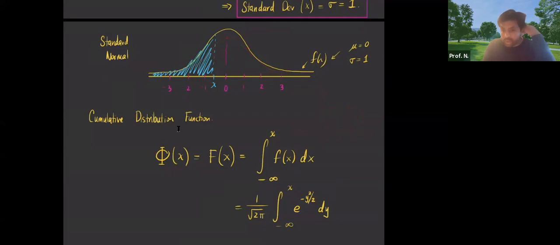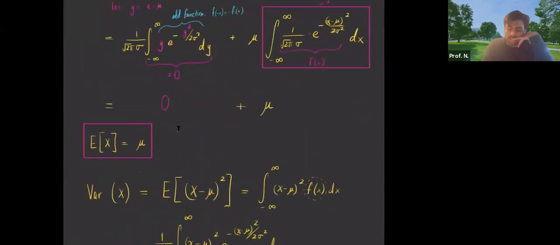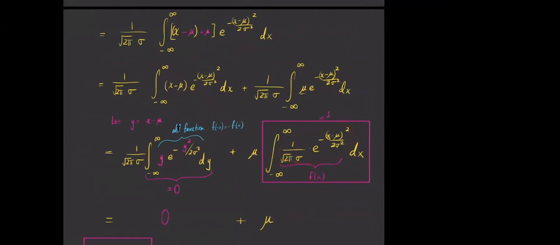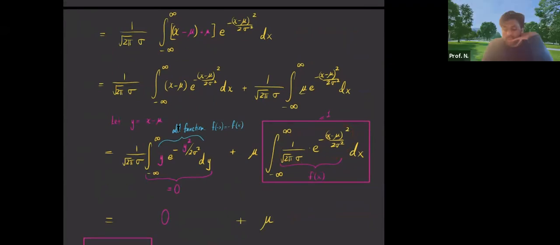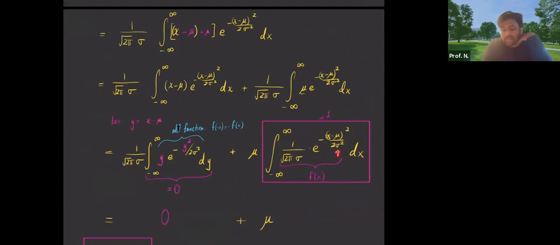And why y squared and not just 1? Well, don't forget what the PDF of a normal random variable is. It's this entire thing. Mu is 0 and sigma is 1.